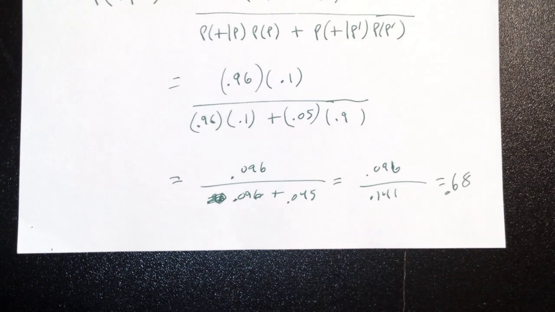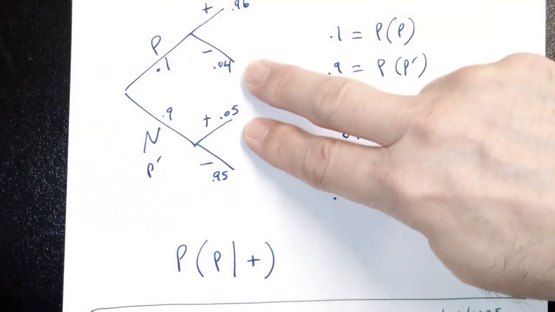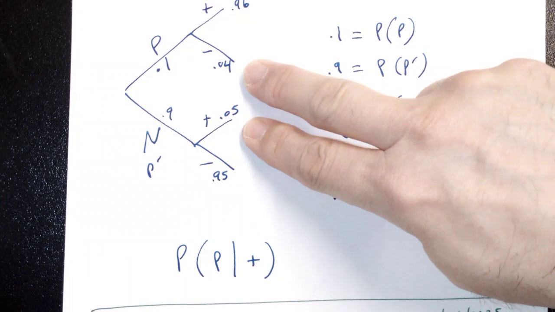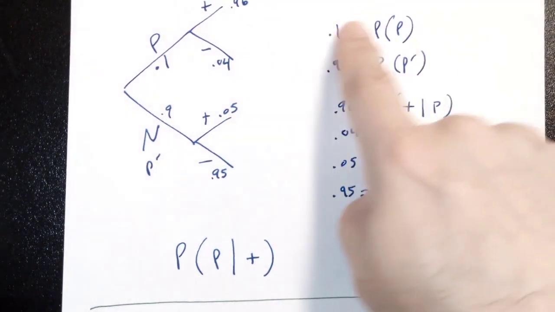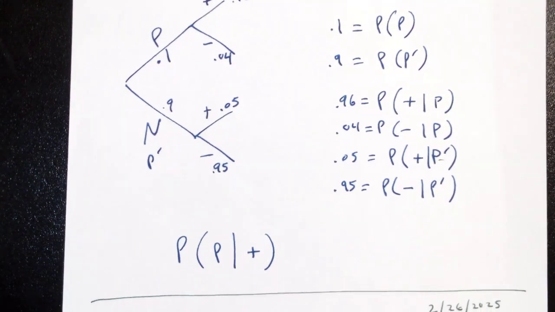Whoa. So there's a 32% chance that test is wrong. How did I get 32 from 4 and 5? Because of the assumption on the likelihood of being pregnant in the first place.